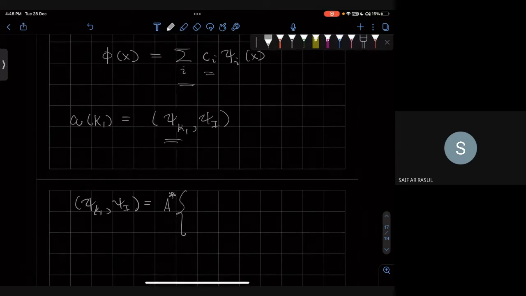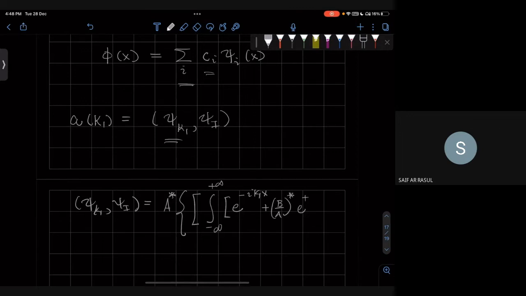Okay, so inside we have the integral of e to the power minus i k1 x plus b by a star e to the power plus i k1 x, times theta of minus x, multiplying psi I of x dx.